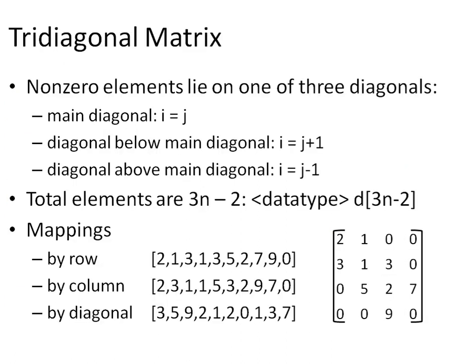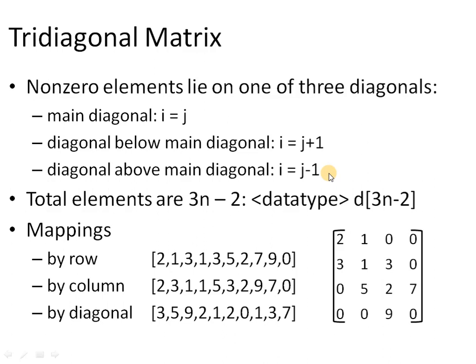Similarly, talking about tridiagonal matrix, in addition to the main diagonal, elements will be present in two more diagonals, one below the main diagonal and one above the main diagonal. These are identified with these two conditions: row number equals column number plus 1 and row number equals column number minus 1.